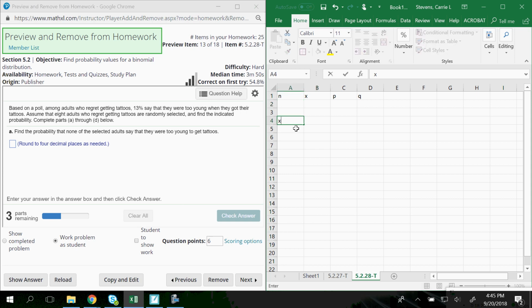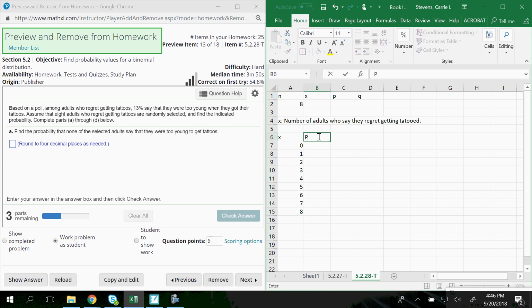Then X is the number of adults who say they regret getting tattooed. Since I'm going to be asking 8 adults, X can be 0 adults say they regret it, or just 1 person could say it, or 2 people, and all the way up to 8.